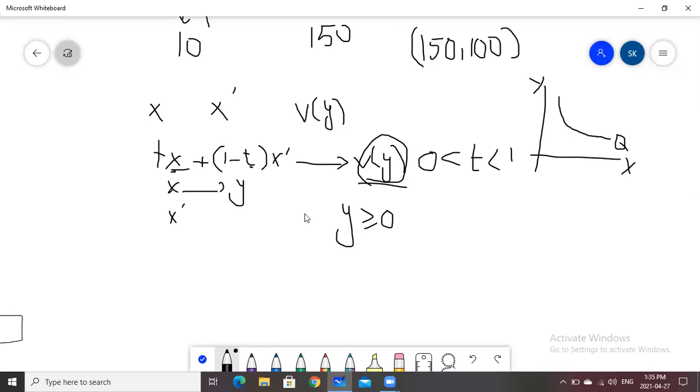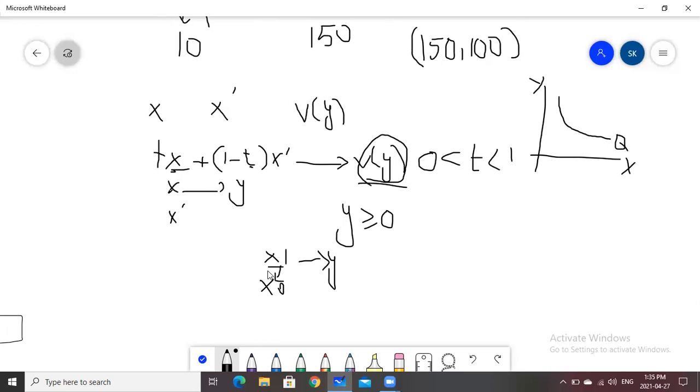Suppose we have a sequence x1 of input bundles that is producing some level of output y. This sequence converges to an input bundle x naught. That is, the sequence, if it has started from x1, will at some point converge to the input bundle x naught.